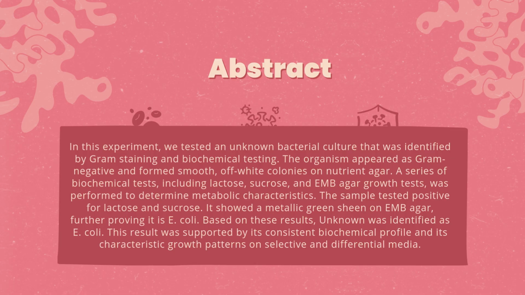The sample tested positive for lactose and sucrose. It showed a metallic green sheen on EMB agar, further proving it is E. coli. Based on these results, the unknown was identified as E. coli. The result was supported by its consistent biochemical profile and its characteristic growth patterns on selective and differential media.